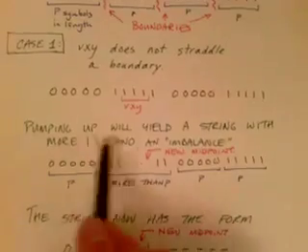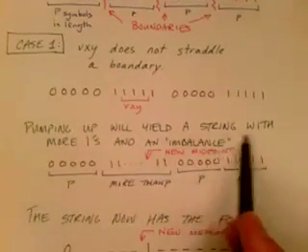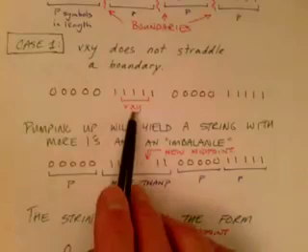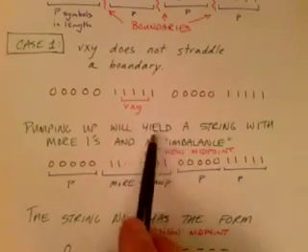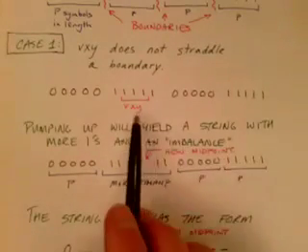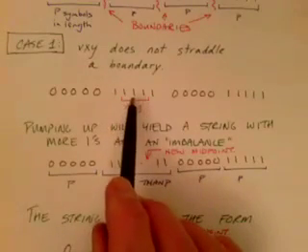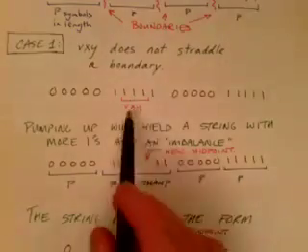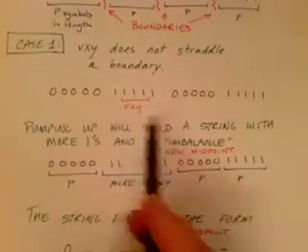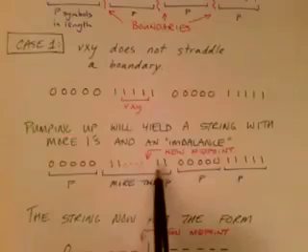Pumping up is going to yield a string with more ones in this particular case, and an imbalance. By pumping up, we mean going from v to the first power to v to the second power or greater. If we increase the number of v's and y's, we are going to get more ones.